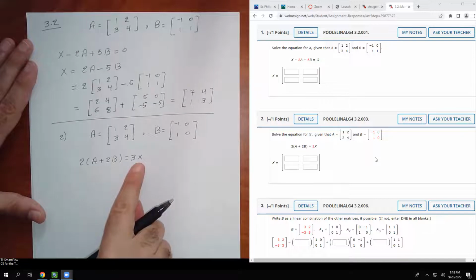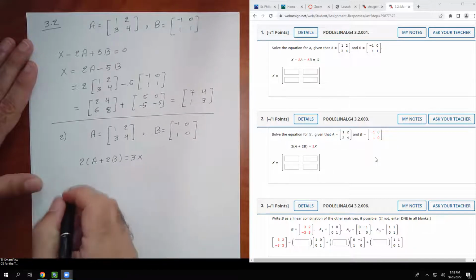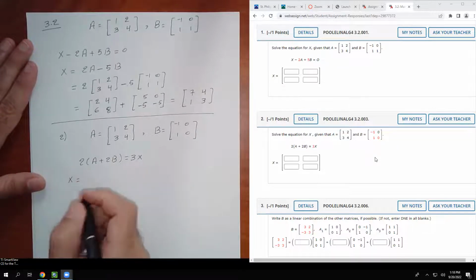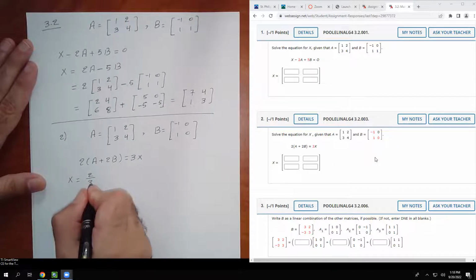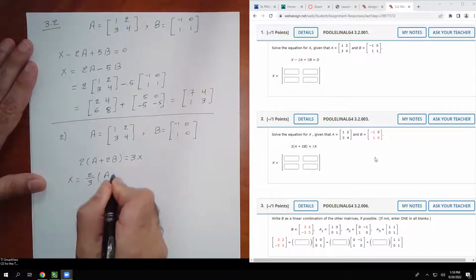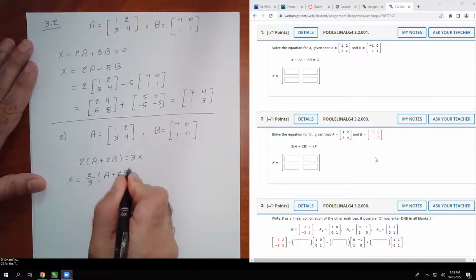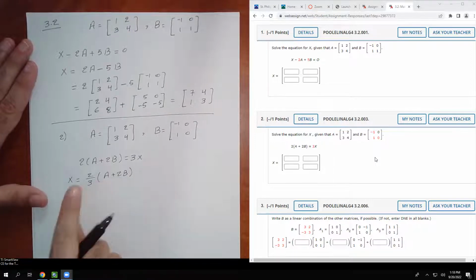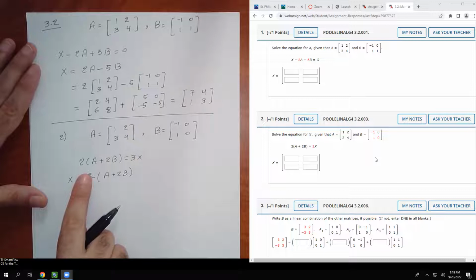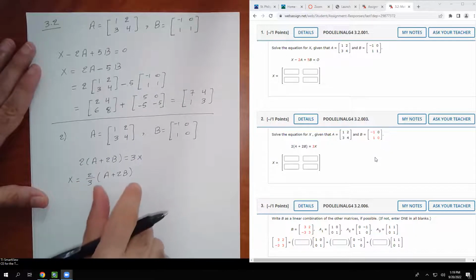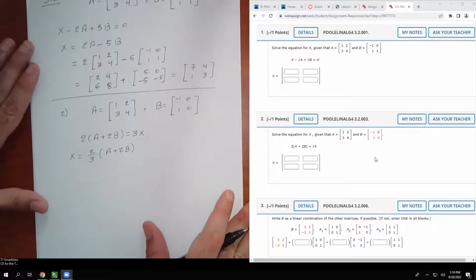I'm going to say x equals, divide both sides by 3. So x is going to be equal to 2 over 3... no, 1 over 3, and here is A plus 2B. I'm going to find this part, and the result I'm going to multiply by the result from these two matrices.